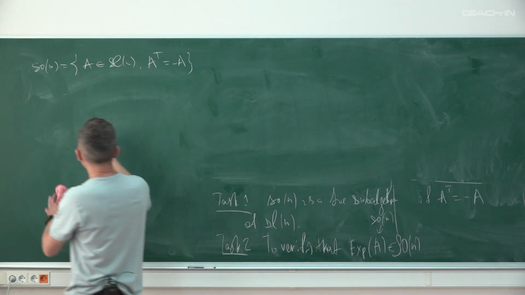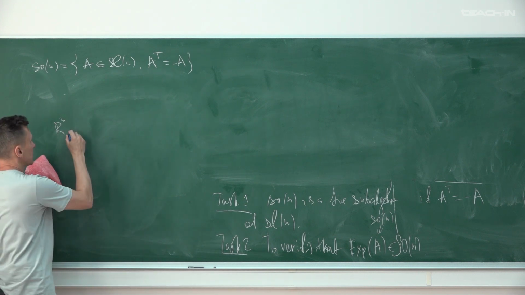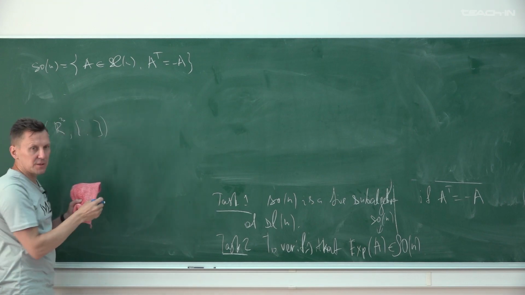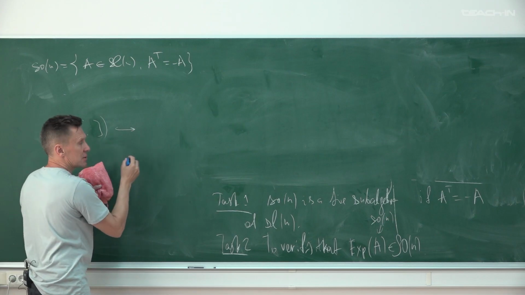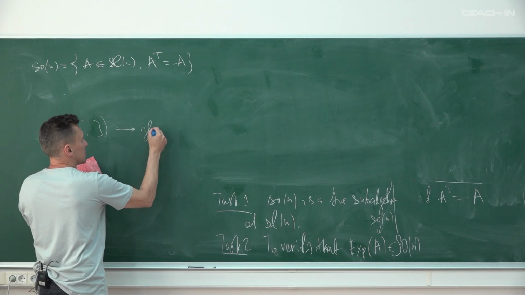For example, R3 with the vector product is a Lie algebra, and for example, we can embed it into GL3.